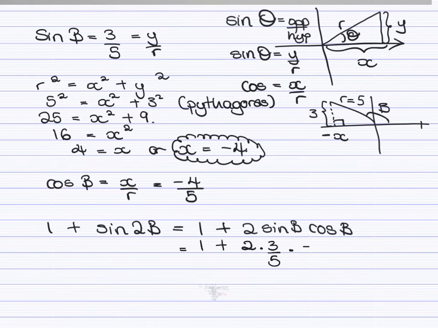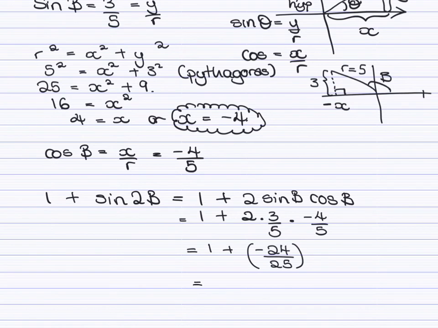Cos b, I just worked out, is -4/5. Simplifying all this, I get to the point where I have 1 plus 2 times 3/5 times -4/5, which is 1 plus -24 over 25. This is basically 1 minus 24 over 25, which then simplifies to 1 over 25.